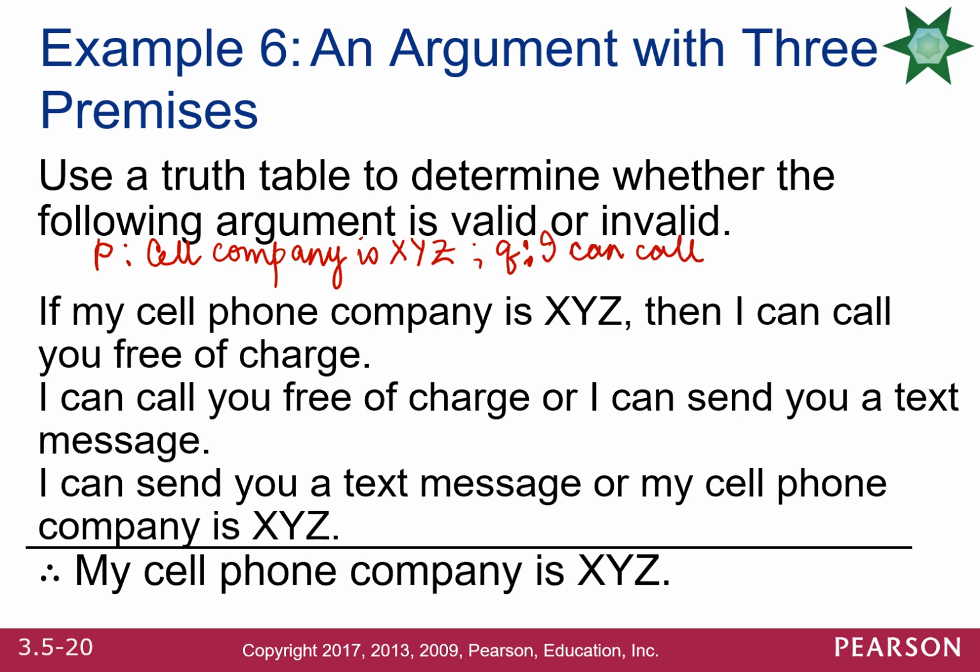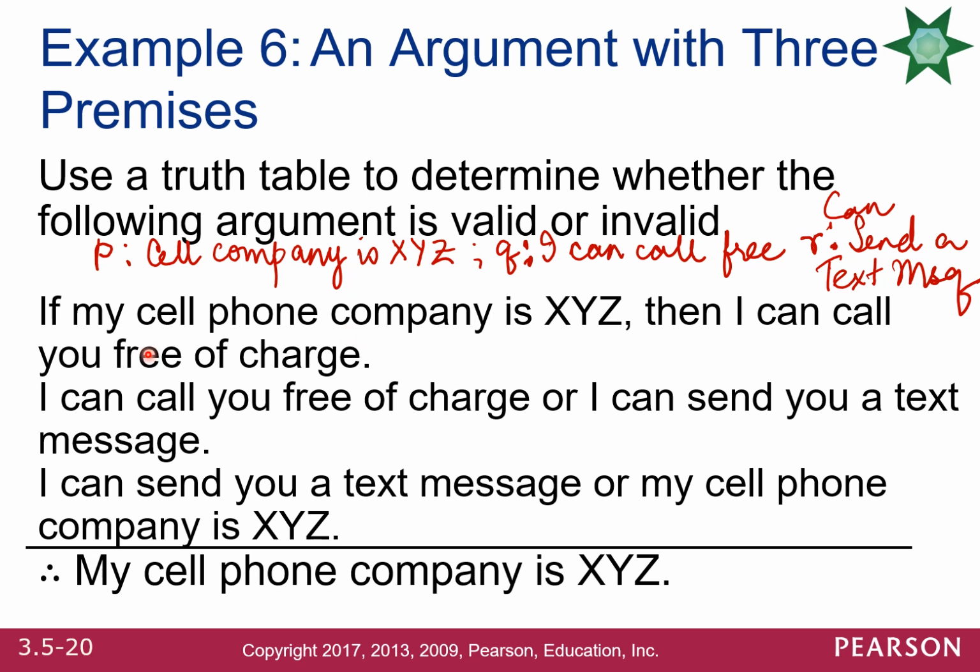All right, and then the third one, R, says I can send you a text message. All right, so given these three statements represented as P, Q, R, let's try to put this argument in symbolic form.